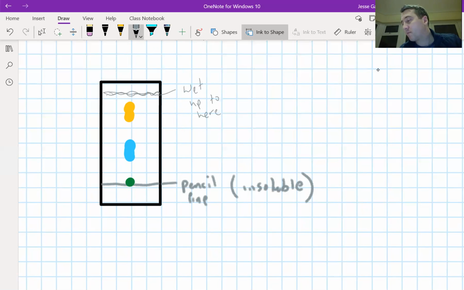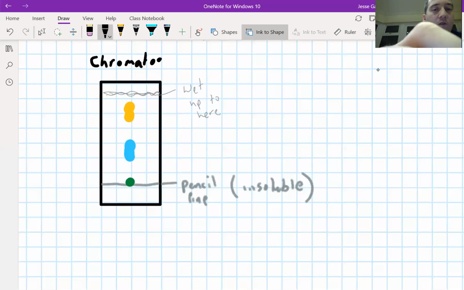So the paper at the end is what we call a chromatogram. And it's what we look at at the end to see what mixture of inks, or what different colors of inks were in the mixture that we started with.